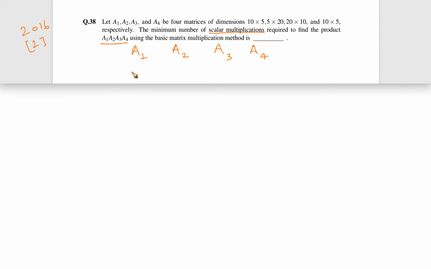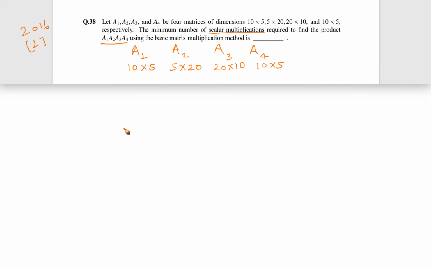The dimensions are: A1 is 10 cross 5, A2 is 5 cross 20, A3 is 20 cross 10, and A4 is 10 cross 5. In what order should they be multiplied such that the number of scalar multiplications is minimum?